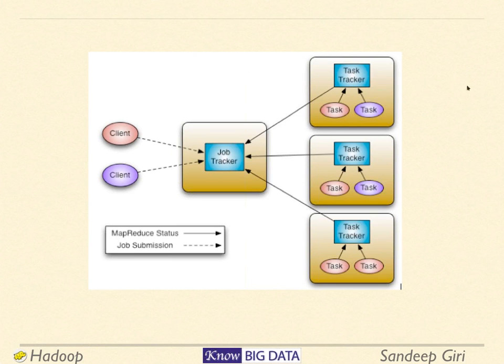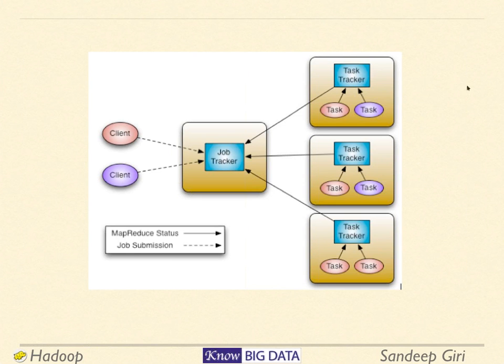Once it finds out that the file which is input to your program exists on these data nodes, the job tracker's duty is to find out which task trackers are located on the same machine or near the data nodes on which that file is stored. And then it will ask those task trackers to execute the job for you.